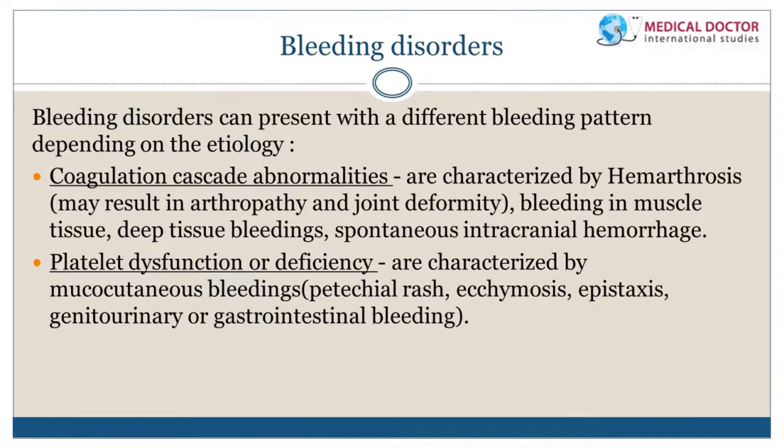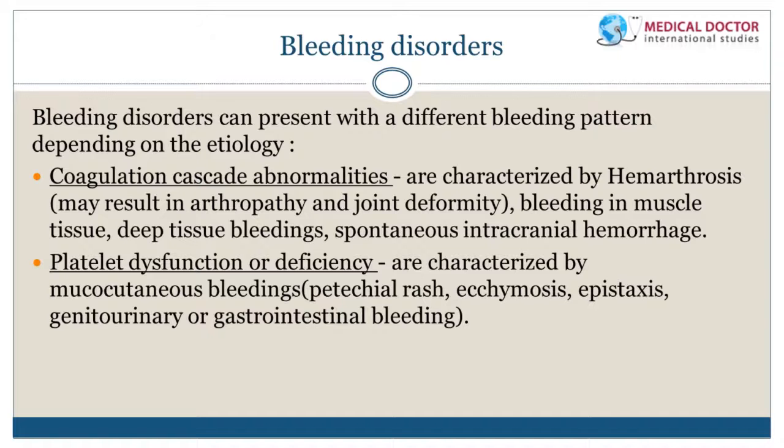Now, we've already discussed the different patterns of bleeding in the previous lesson, so I'm just going to repeat it briefly. But you can expect a different bleeding pattern whether you're talking about the coagulation cascade or a disorder associated with platelets. So in this lesson, we're going to focus more on abnormalities that affect the coagulation cascade.